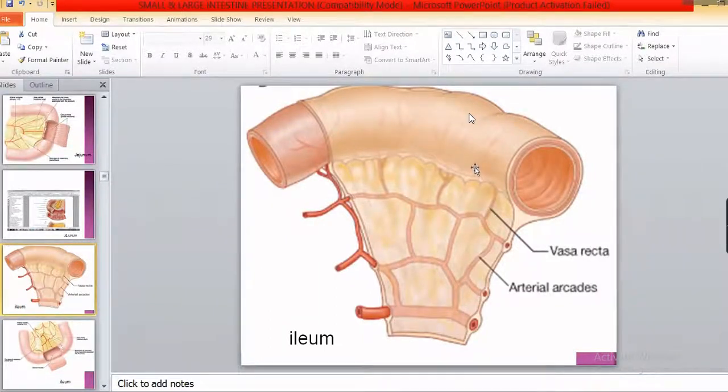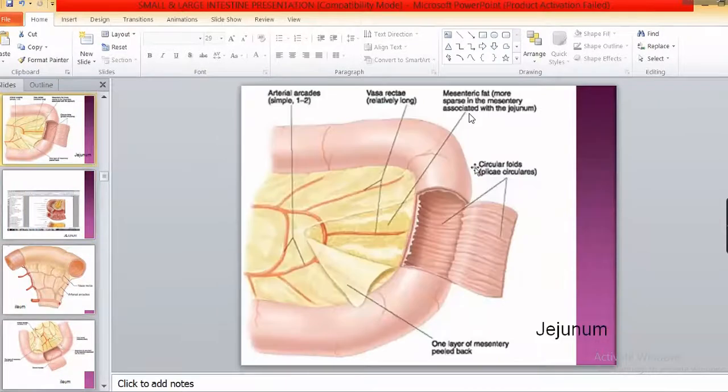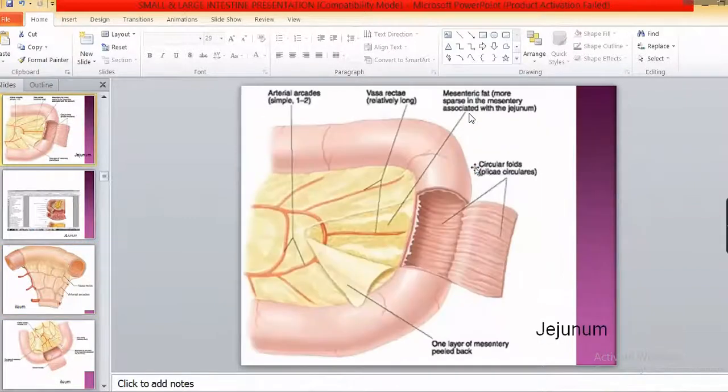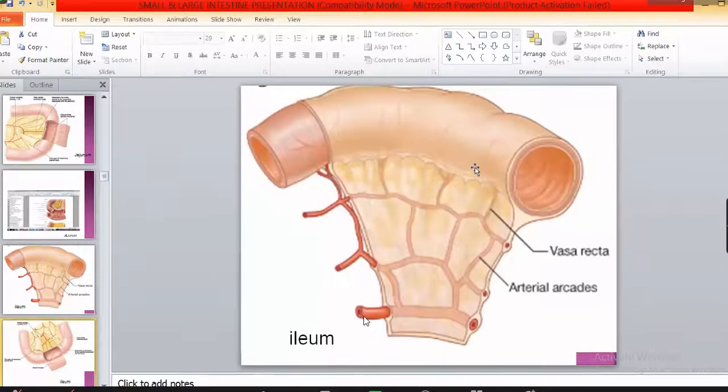You can see the arrangement is different from what we see in the jejunum up here. The vasa recti are longer in the jejunum than in the ileum, and the arterial arcades are simple, one to two in the jejunum, compared to what we see in the ileum.